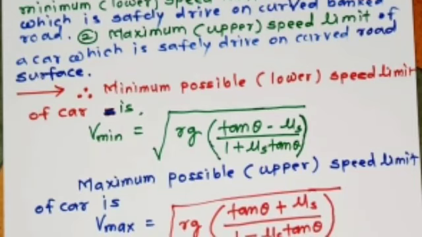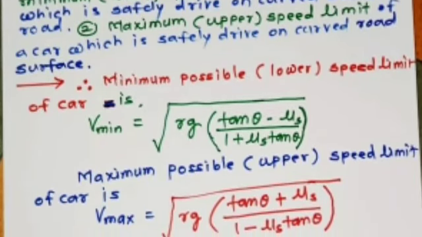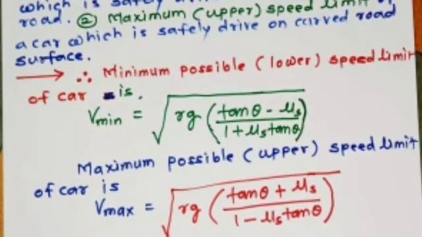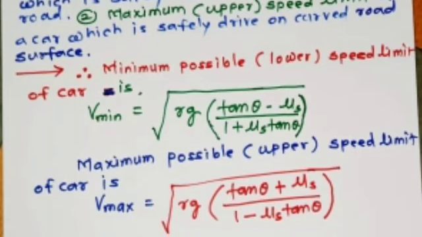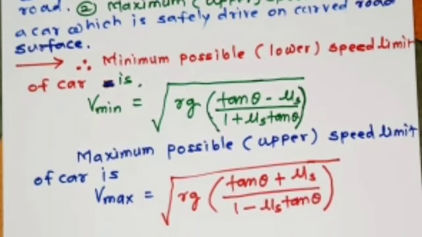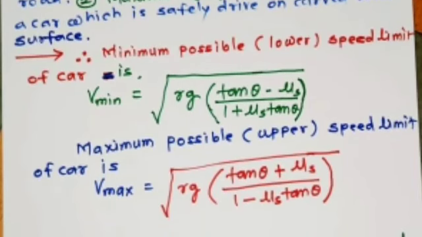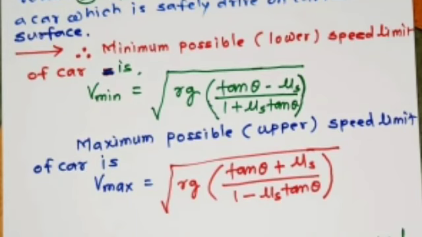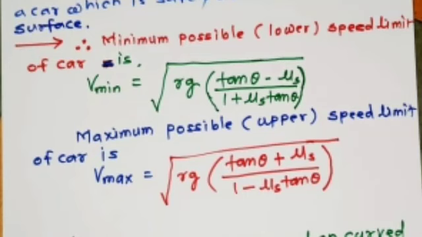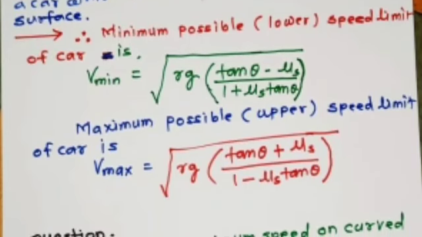So two questions can be seen here. Minimum possible or lower speed limit of a car is v minimum equal to square root of rg in bracket tan theta minus mu s upon 1 plus mu s tan theta, which is the minimum possible speed limit of a car.